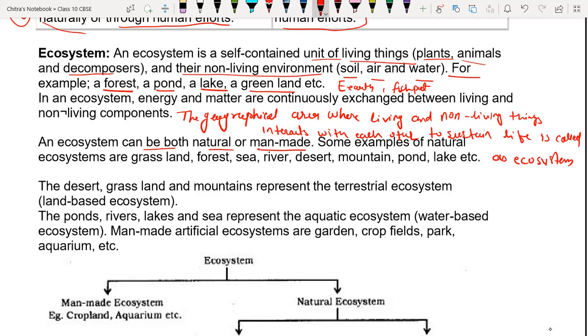Like desert, grassland, and mountain are terrestrial ecosystems, meaning land-based ecosystems.